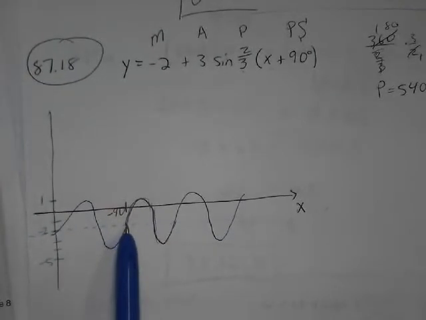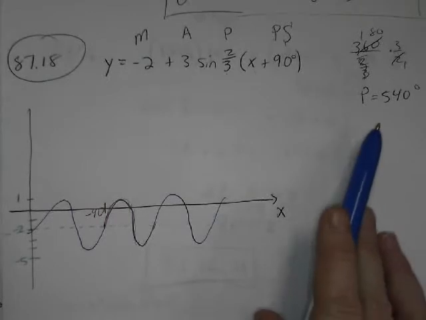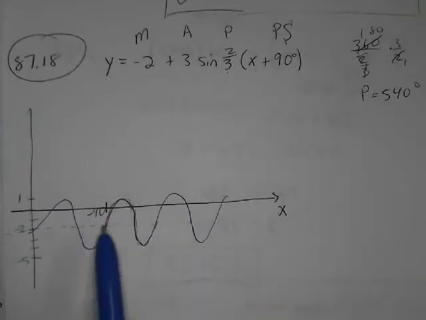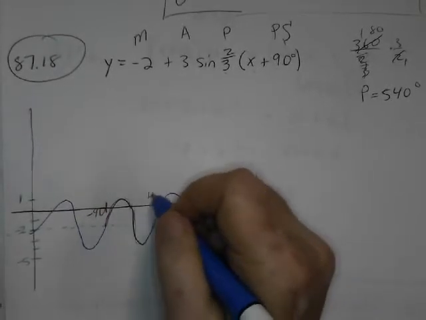That's -90 right there. And then from the beginning of it to the end of it is going to be 540 degrees. So I guess I can go 540 minus 90, and that's 450. So I think this number is going to be 450.